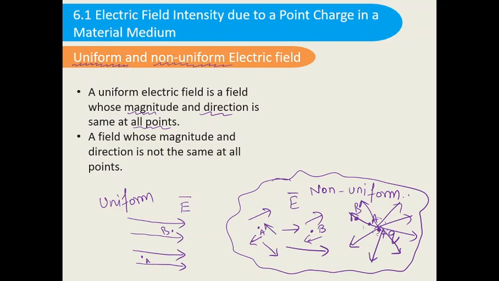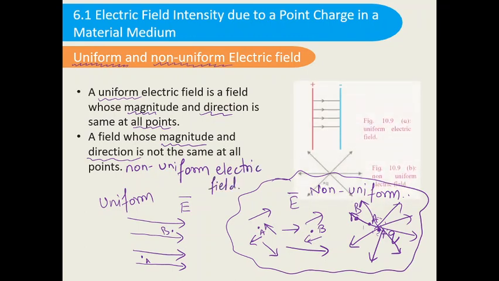While a field whose magnitude and direction is not the same at all points, so that at different points the electric field is changing with respect to direction or magnitude, is called a non-uniform electric field. Sorry, not magnetic field, electric field. Okay, so what is the diagram from your book?